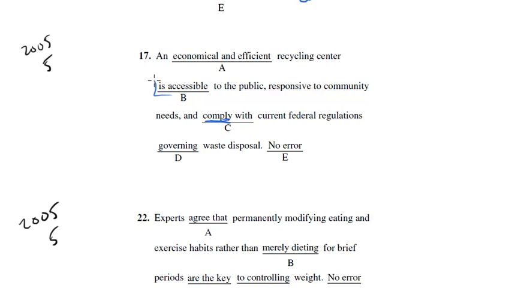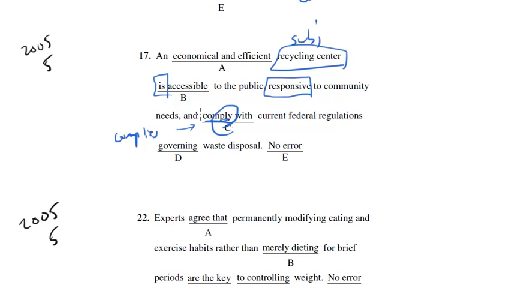Notice this is almost related to a parallel error, but in any event, we can see that the subject is singular. Comply here is plural. We need complies, which is singular, because our subject is recycling center. So C is going to be our answer because it is a subject-verb agreement error.